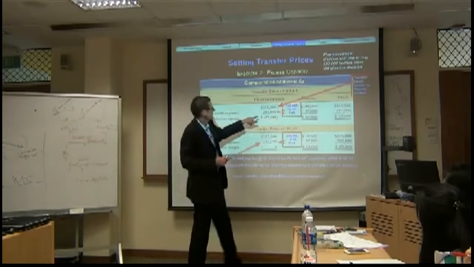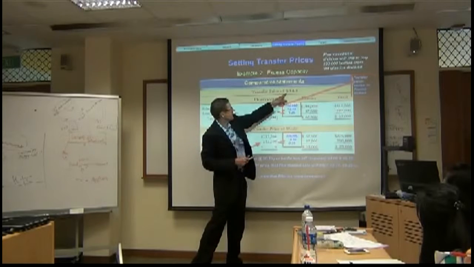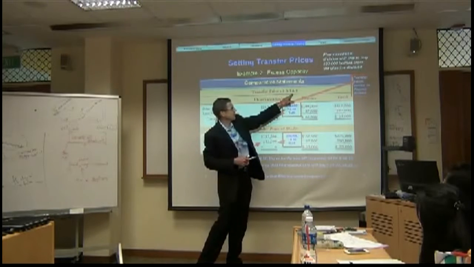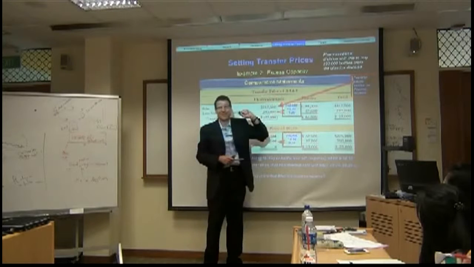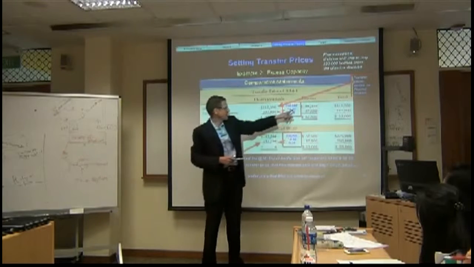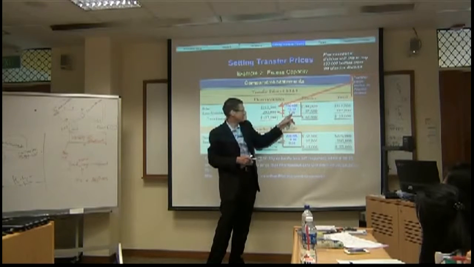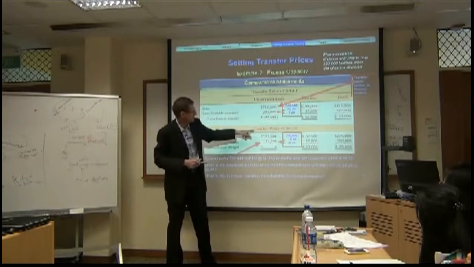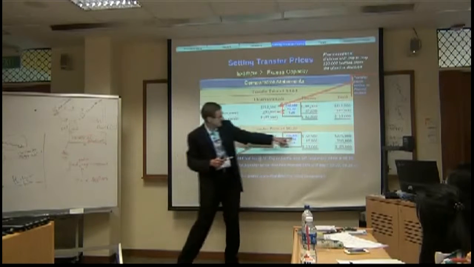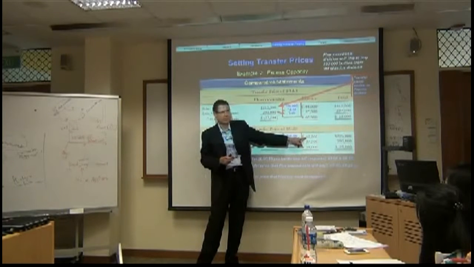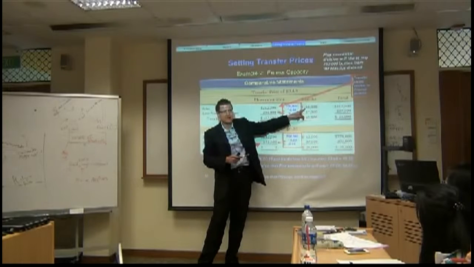Notice, if they're buying 250,000 bottles at 40 cents a bottle, how much do they have to pay the plastics division? $100,000. 250,000 times 40. Now, if the transfer price is 25 cents a bottle, how much do they pay? 62,500. Not 100,000. You see that?